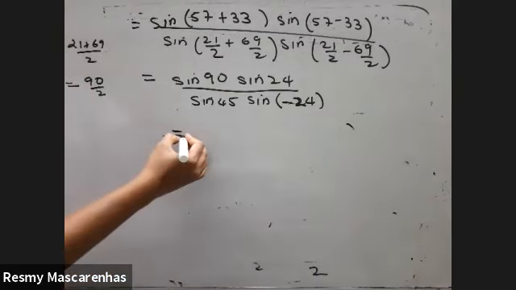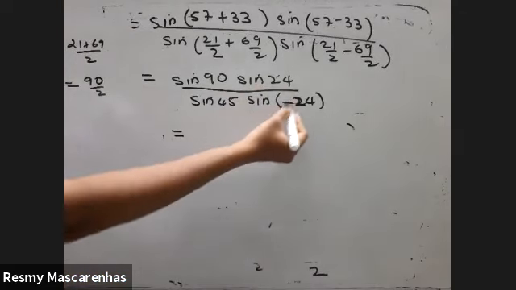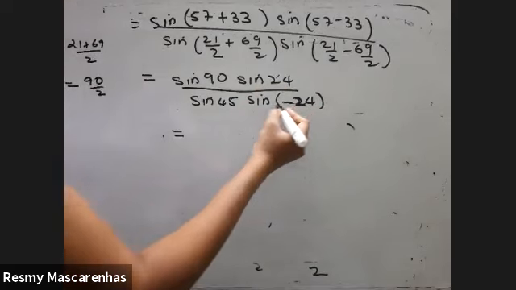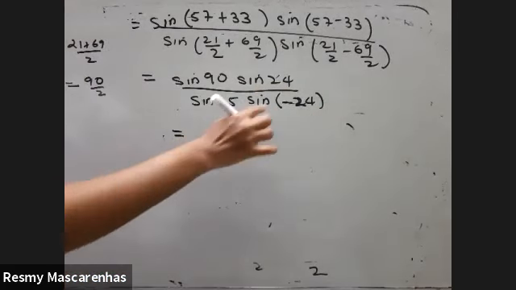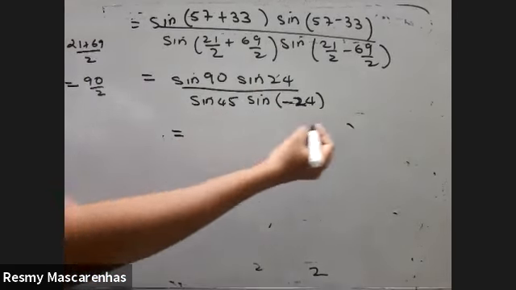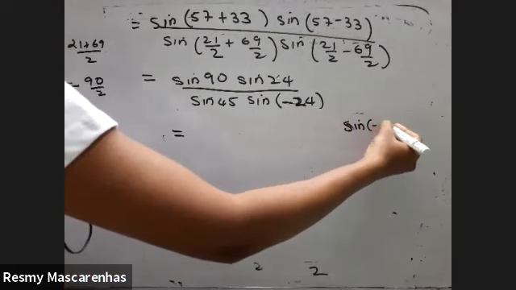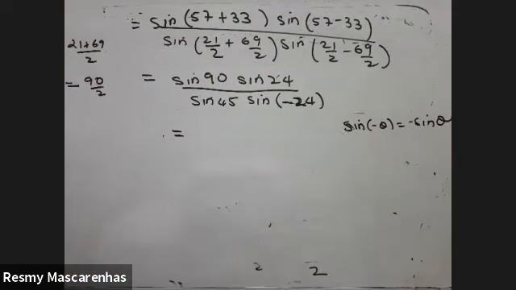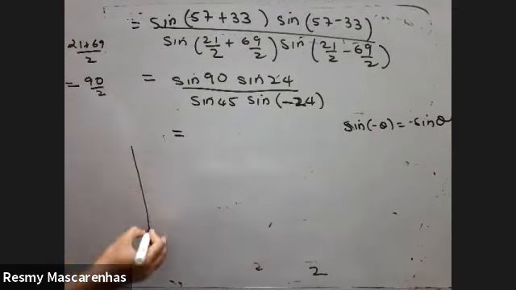And the next step: now you cannot directly cancel because this is minus, and you know that sine of minus theta is always minus sine theta. How do you know that? Anytime you want to check this, I told you, check in the quadrants.